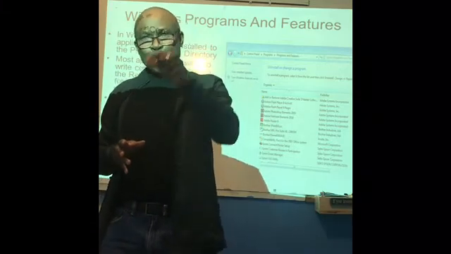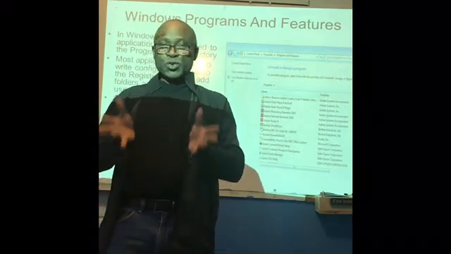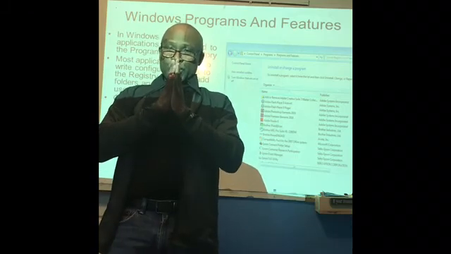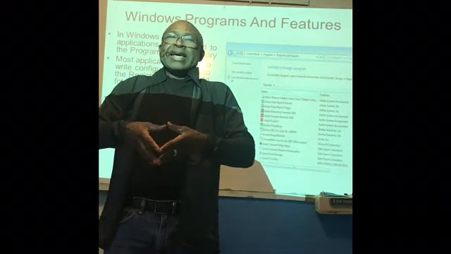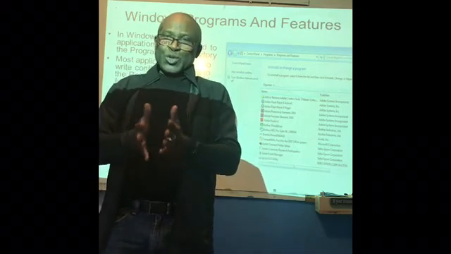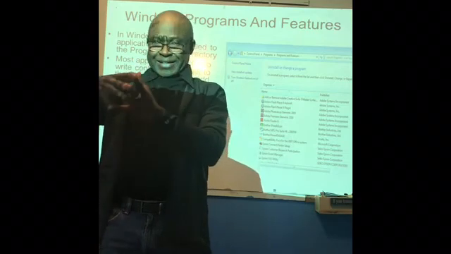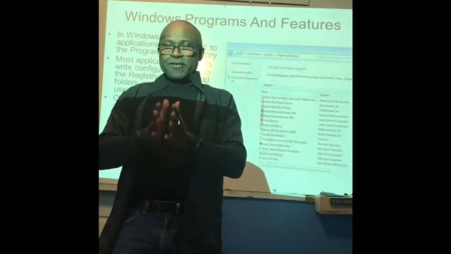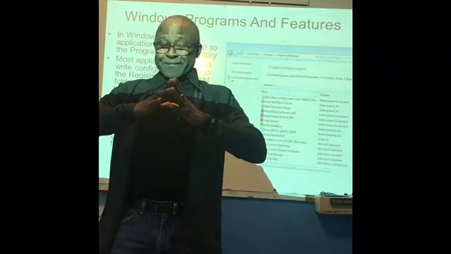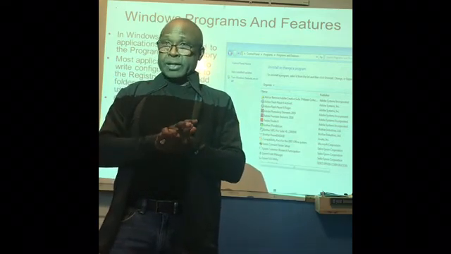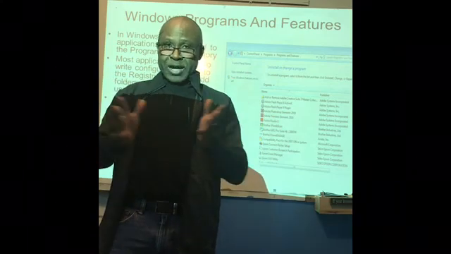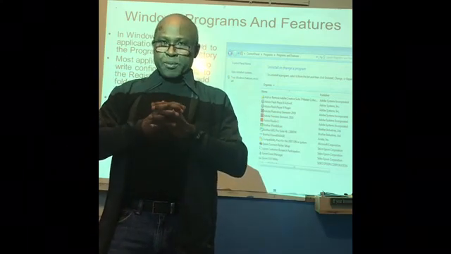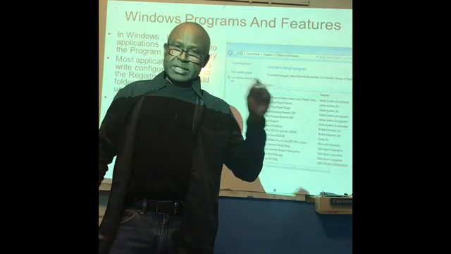You have to go and enable them when you want to use them. But what I'm going to teach you in the next segment is how to locate, and where in the operating system you will find, those features that are very necessary for a lot of things that you want to do. Features like virtualization. All of these are very important. In the next segment, this is what we're going to see.